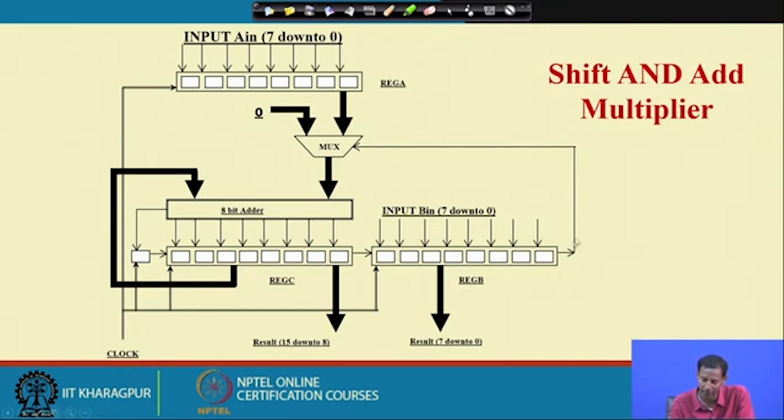Okay. So, in this manner, that will be saved. And how are we doing this particular operation?